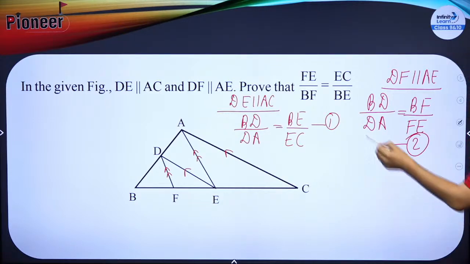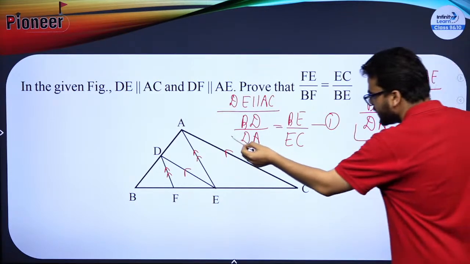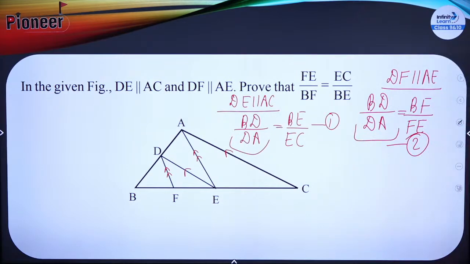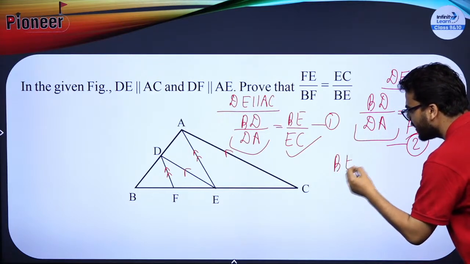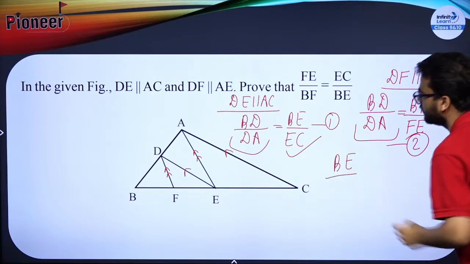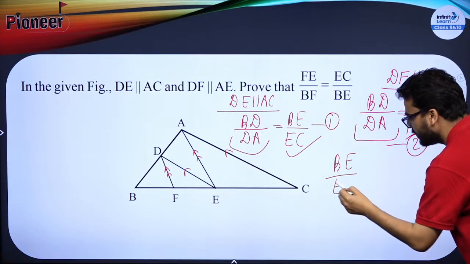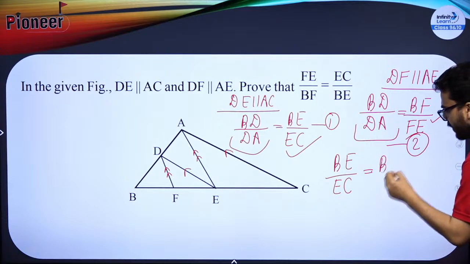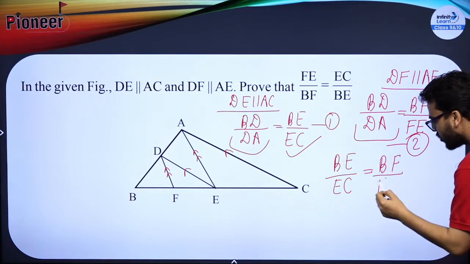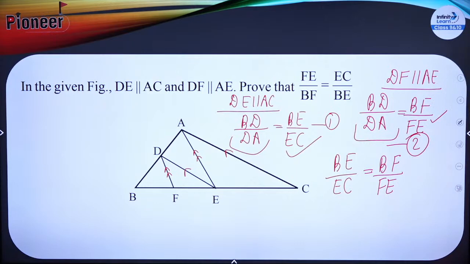So you can see over here that the left hand side of both of these two equations are equal. So can I not say that the right hand sides will also be equal? So over here, can I not say that BE by EC is equal to BF upon FE? But actually that we don't need to prove in the question. It is basically the inverse of that, right?